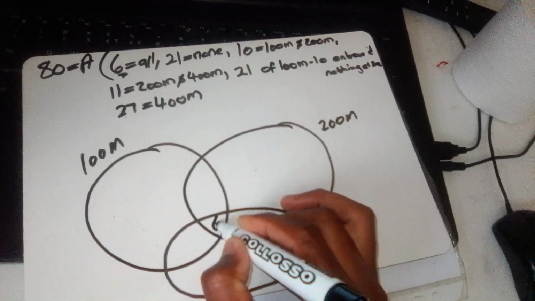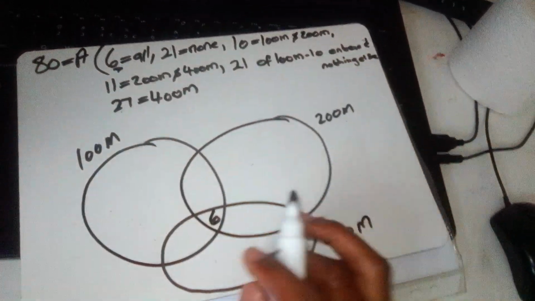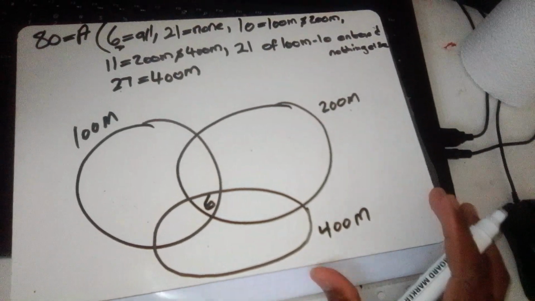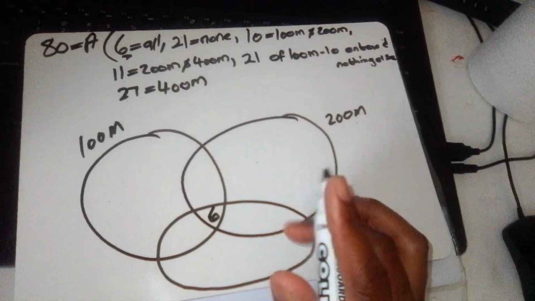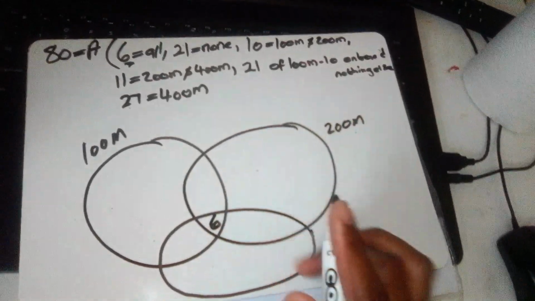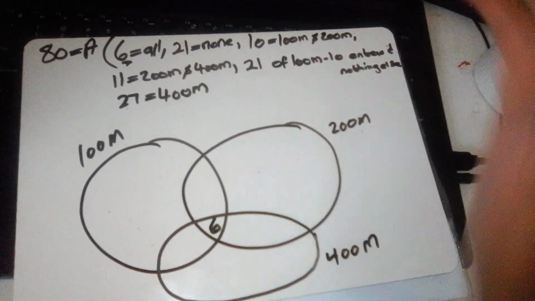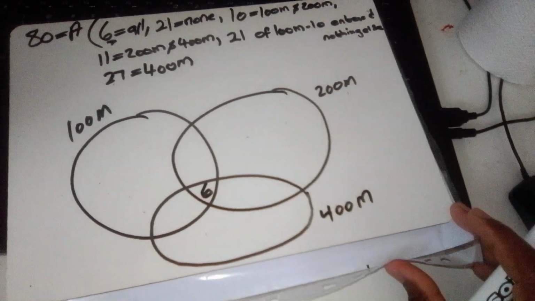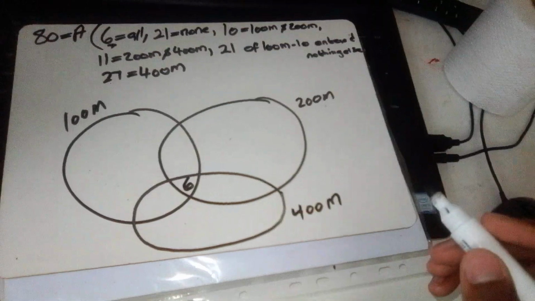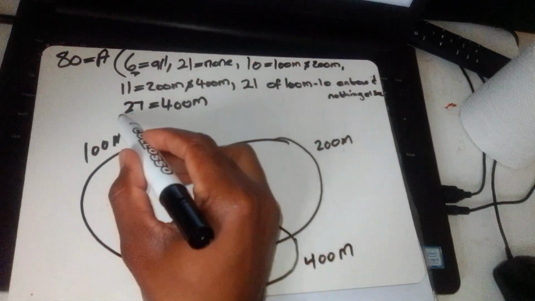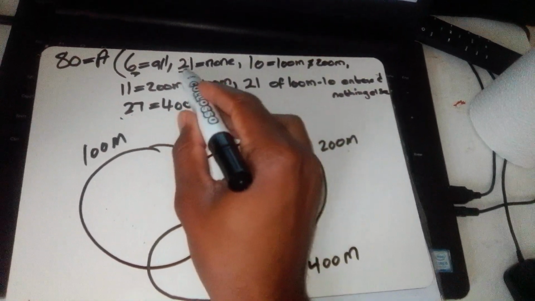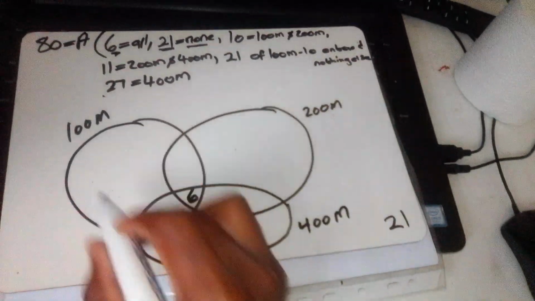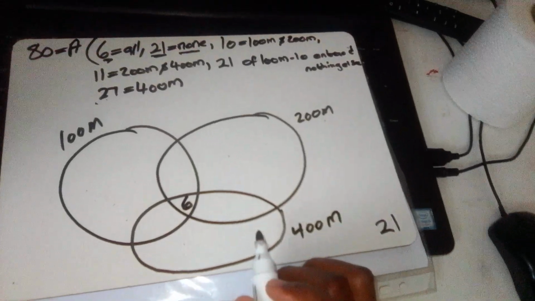Then let's check the question for another overlap. They say 21 entered none of these events, so they must be outside, because they were not participating.